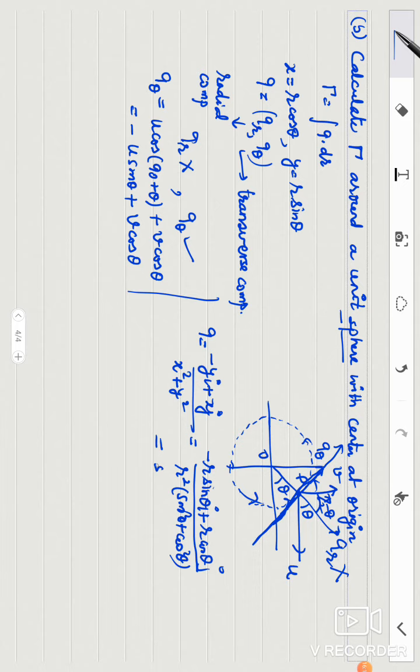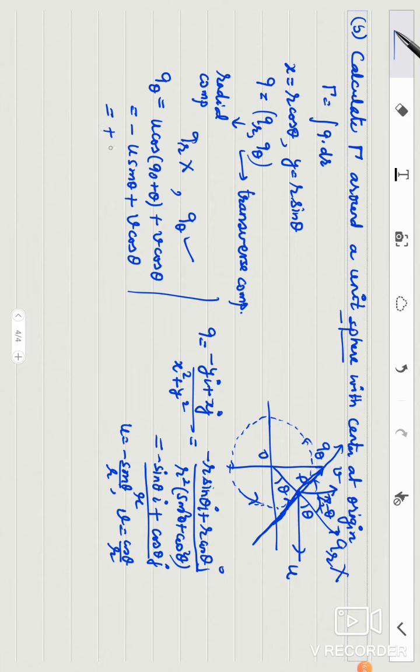So after solving it, I'll get minus sin theta i plus cos theta j upon r. So what is my u? U is minus sin theta upon r and v is cos theta upon r. So I'll put it here.